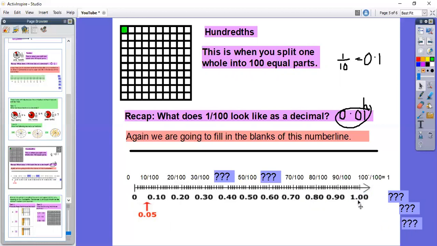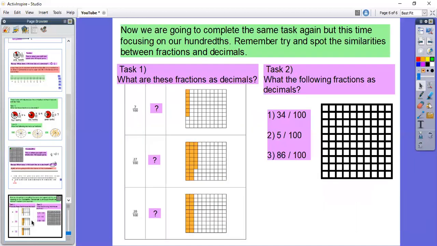Exactly, 1.00. And then with my fractions, I've got 0, 10 hundredths, 20 hundredths, 30 hundredths, 40 hundredths, 50 hundredths, and 60 hundredths. That can be quite confusing, but just remember your hundredths are basically your tenths, but cut up, just a bit smaller than your tenths.